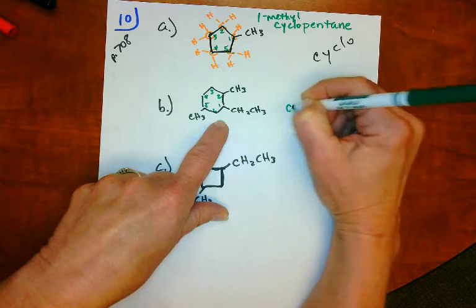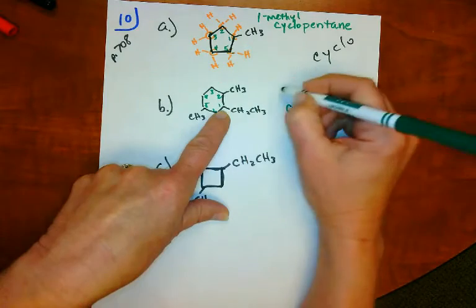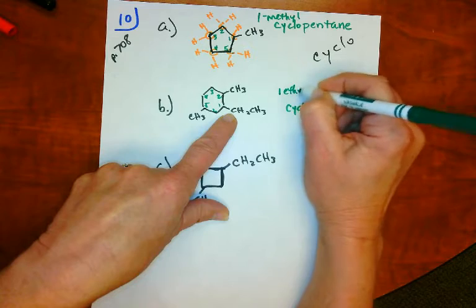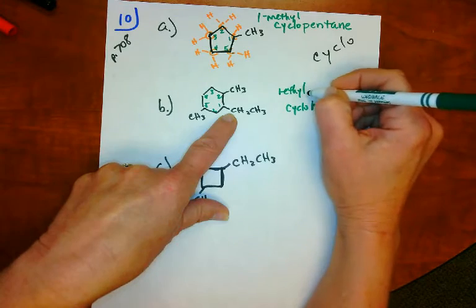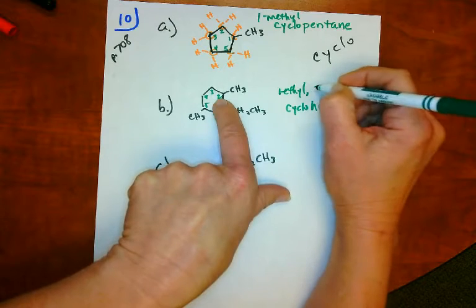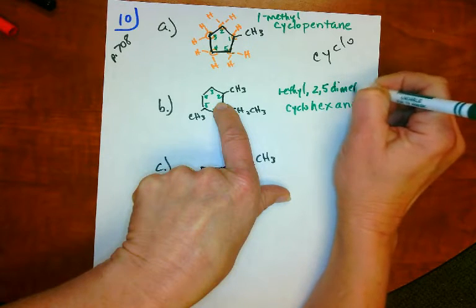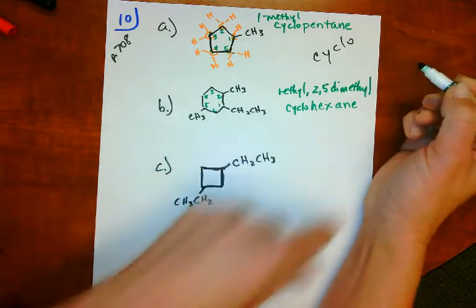It's a cyclohexane. And then I have on number 1, I have an ethyl. And I have 2 methyls, so I have a dimethyl, and it's on 2, 5 dimethyl cyclohexane.